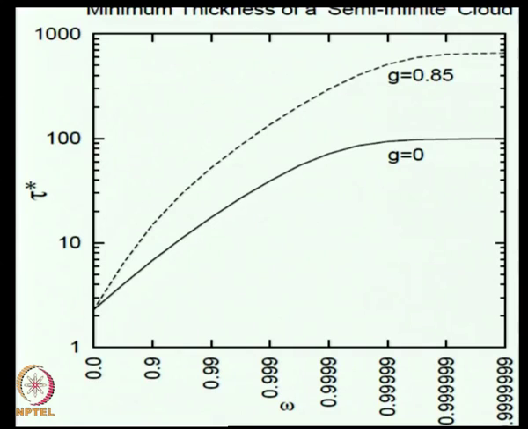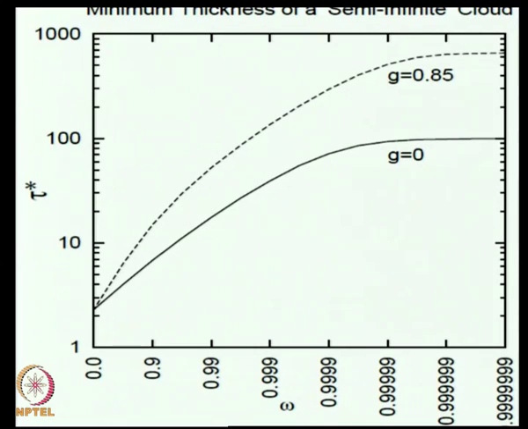When G is 0, that is the scattering is symmetric, you can see that by the time you have single scattering albedo 0.999, you have reached a thickness of the layer of 100 for you to consider the cloud to be semi-infinite, while if it is only 0.9 as you saw earlier, it requires only a thickness of 4 or 5.